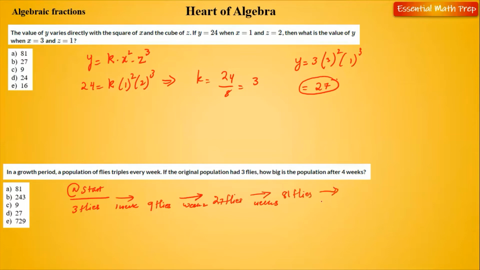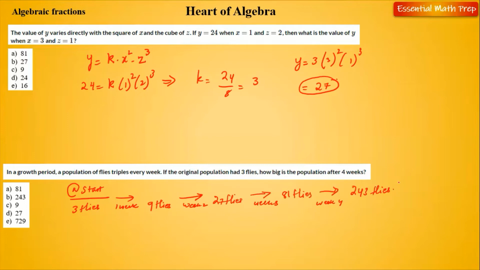And at the end of week 4, 243. So you would have 243 flies after a 4-week period.